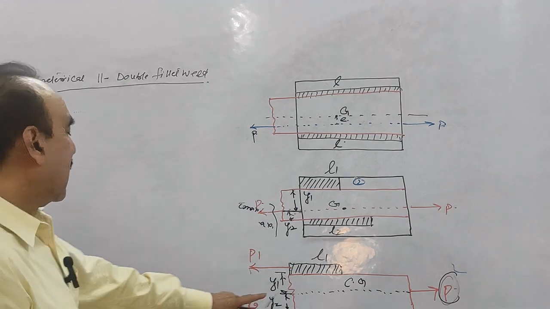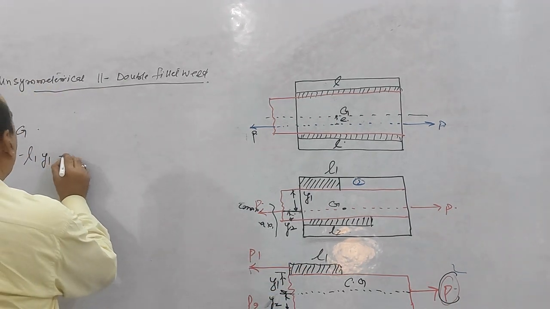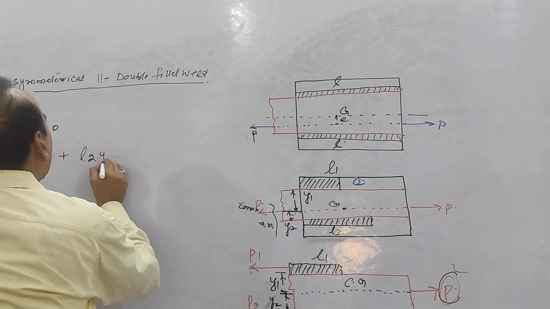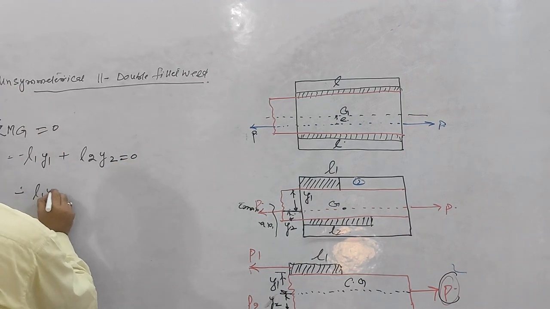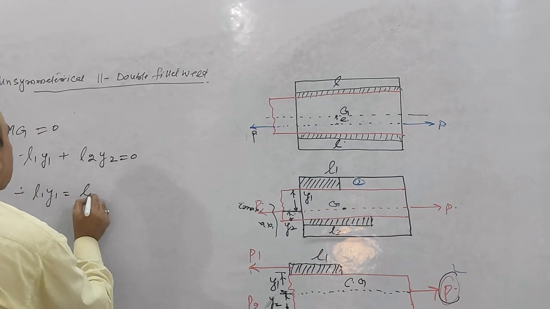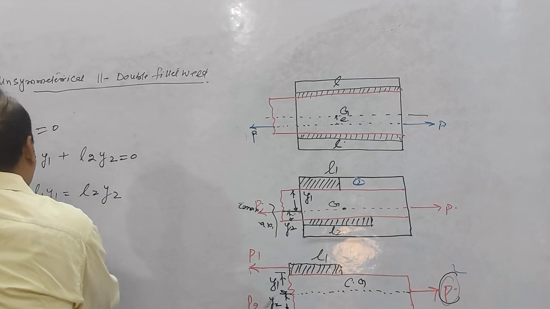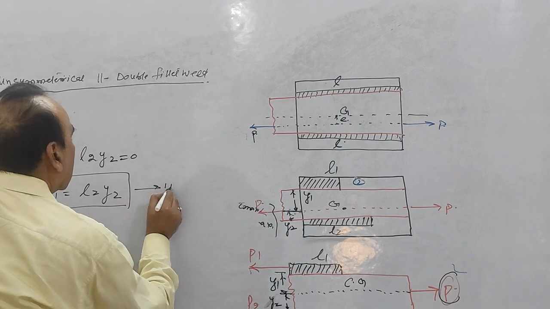So minus L1 Y1 anti-clockwise plus L2 Y2 is equal to 0. Therefore L1 Y1 is equal to L2 Y2, and this is your equation number 2.